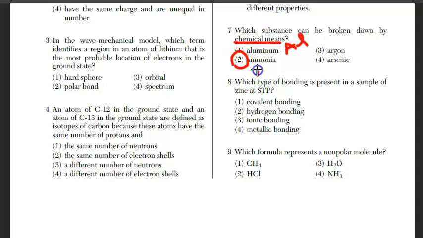And remember, a compound is 2 or more different elements chemically combined, in other words, bonded together. And ammonia is NH3. It's definitely a molecule you're going to want to know. You're going to want to know the bonding of the molecule inside and then the type of molecule it is. Polar bonds, polar molecule, and that'll come up actually with question 9.